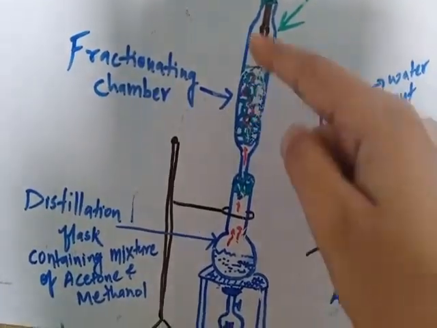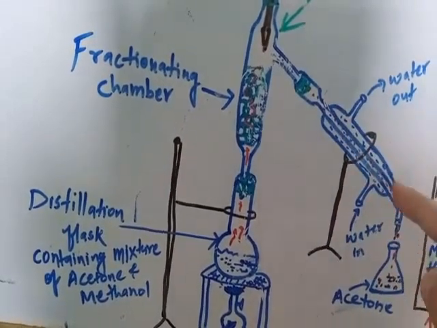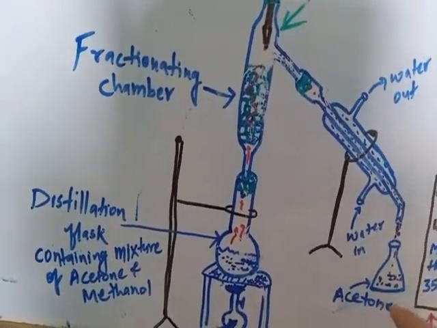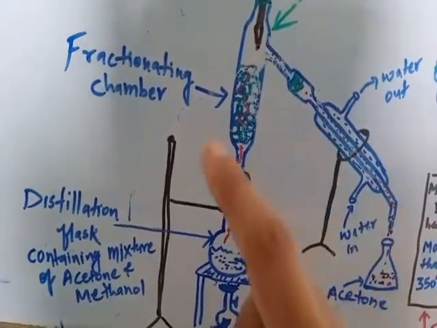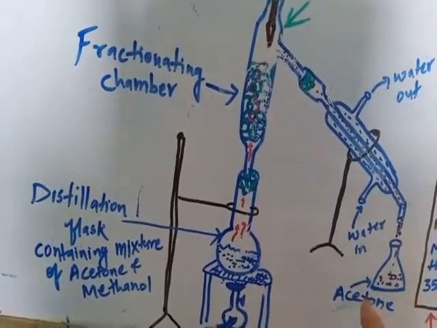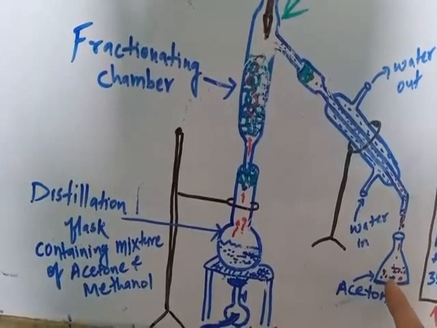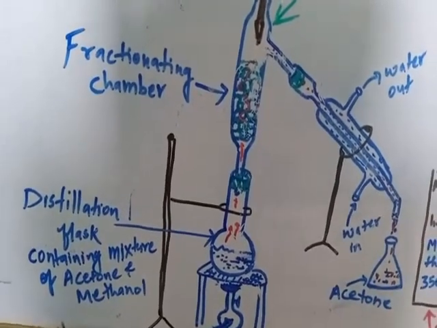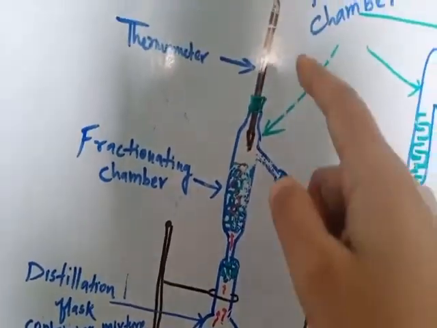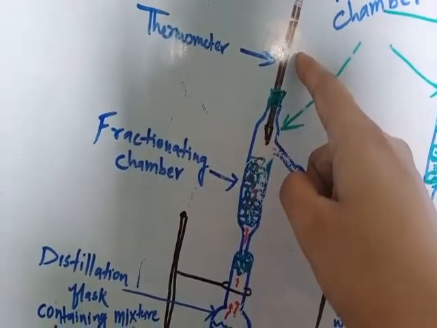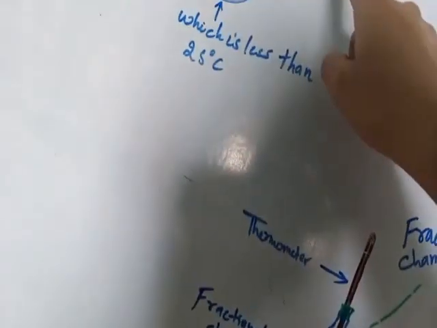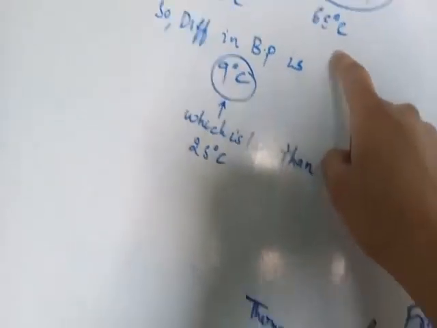When we see that no vapor is passing through the chamber now, that means all the acetone has been converted into liquid and collected in the beaker. So we can just take this beaker away, and next we start raising the temperature to 65 degrees Celsius.